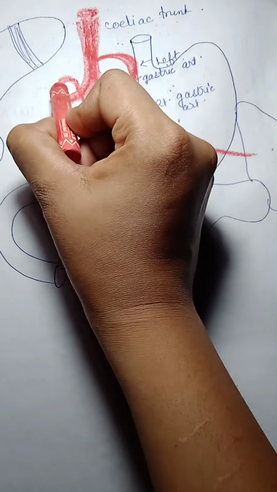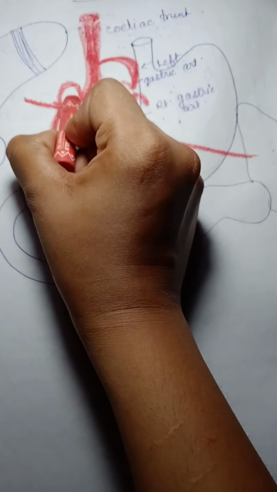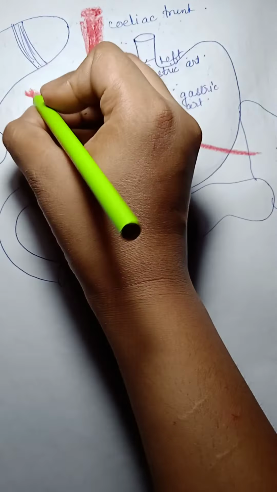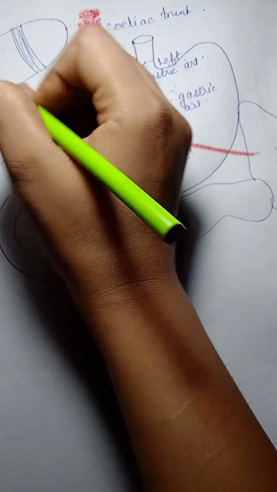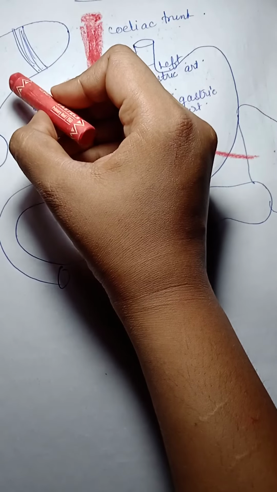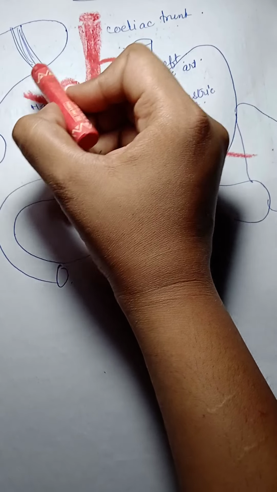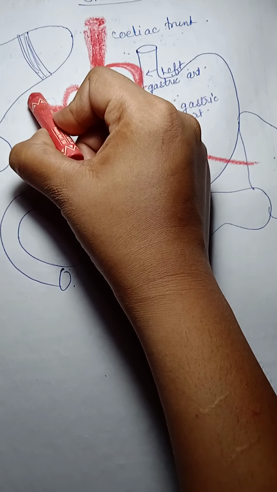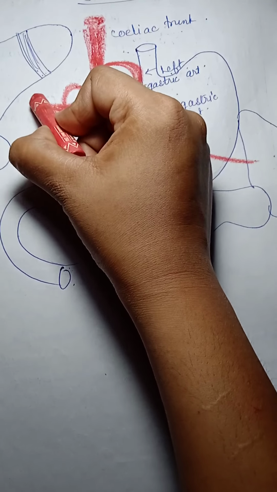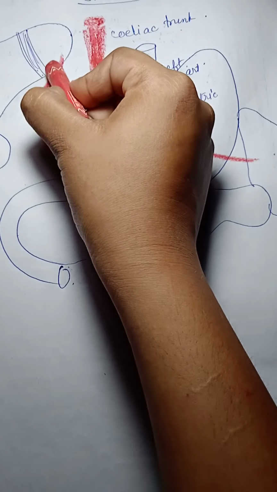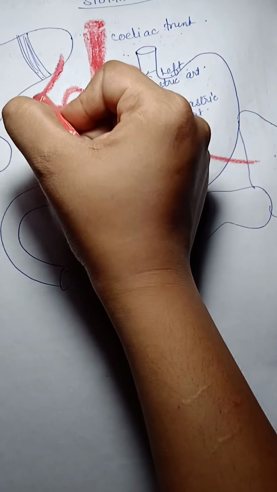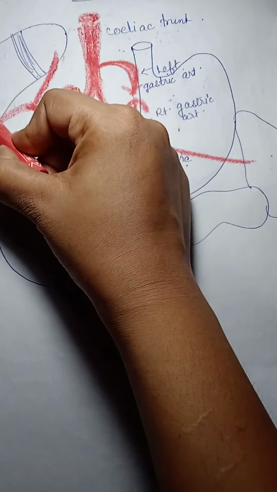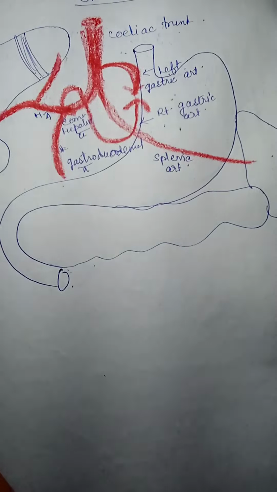One more branch of the common hepatic artery is the hepatic artery. The hepatic artery again divides and gives the blood supply to the two different lobes. One is the left hepatic artery, and that is the right hepatic artery.